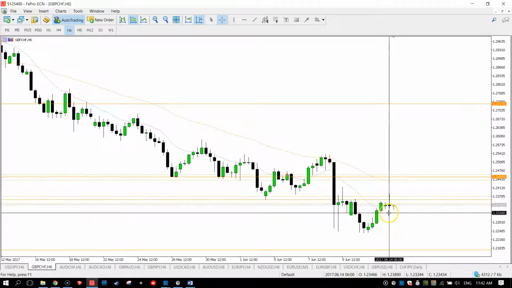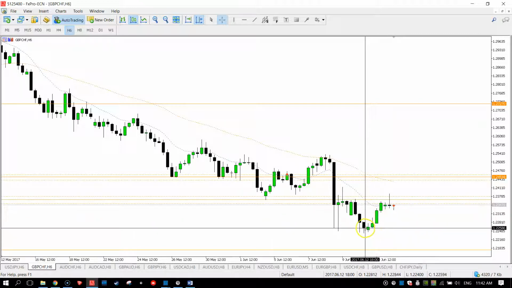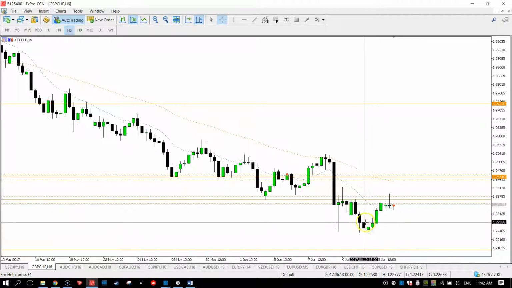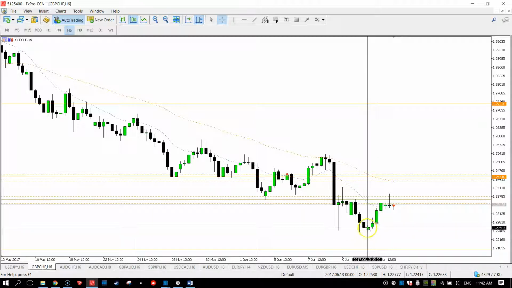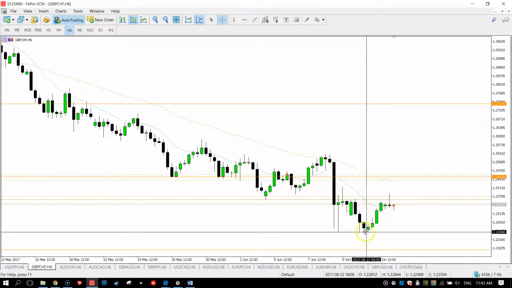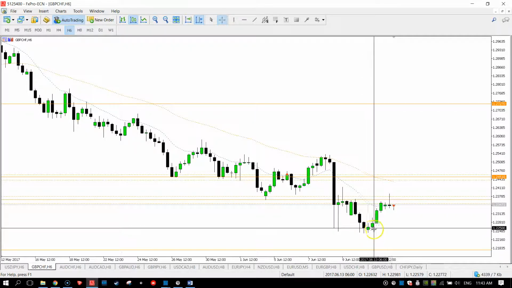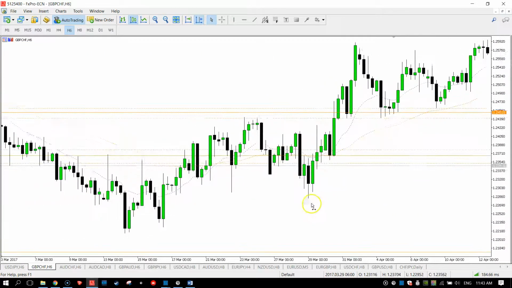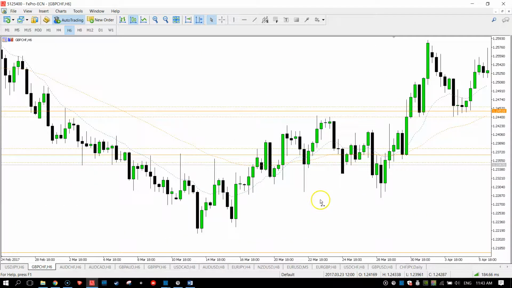You would probably get a bit more confirmation if you wait for the break here, but the problem for me is that we're getting close to quite a low area in terms of price. So I wanted to get my target in before we reach this low price area. That isn't really a support and resistance area.